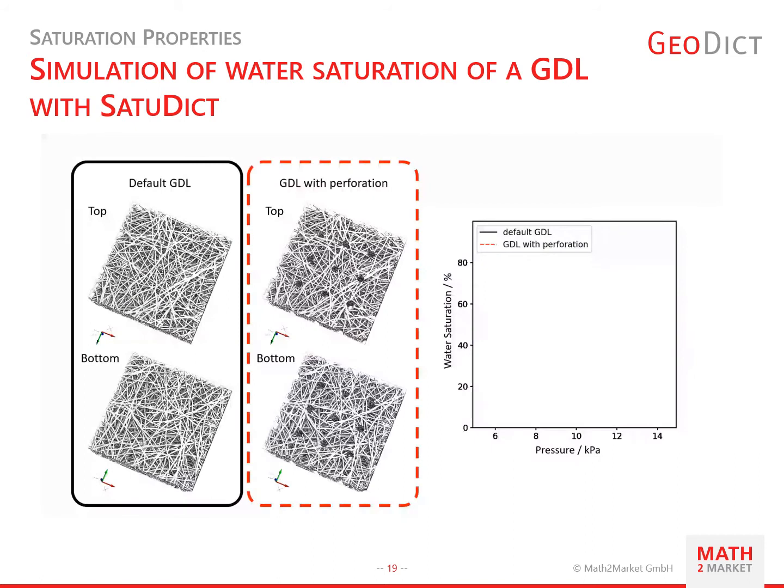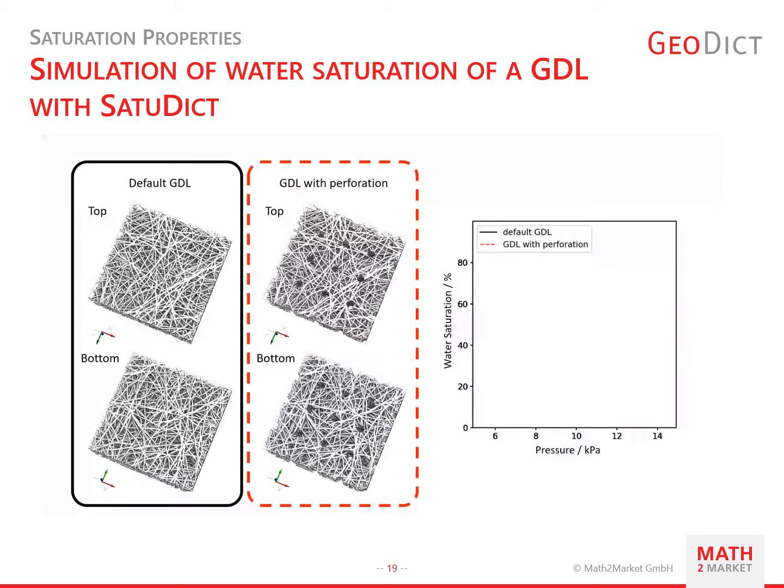This is a completely different story, but it also has to do with transportation effects. Here, the behavior of a standard GDL during water saturation was compared to the behavior of an improved GDL. For the improved GDL, the original statistical digital twin was pinched digitally with some holes.